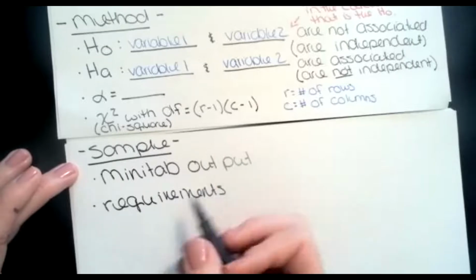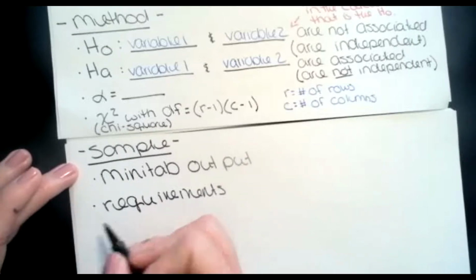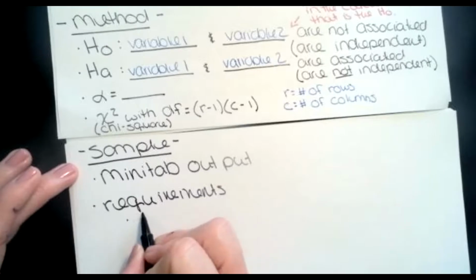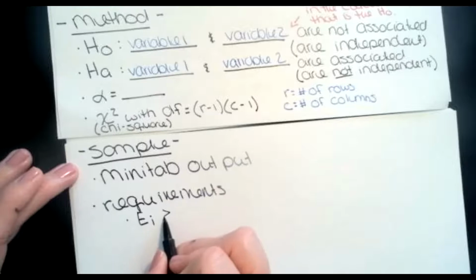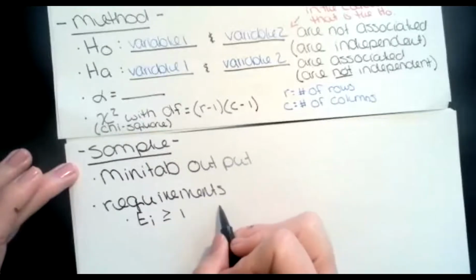So remember the requirements we have. My expected counts have to be greater than or equal to 1. I'm just going to write it in notation here.